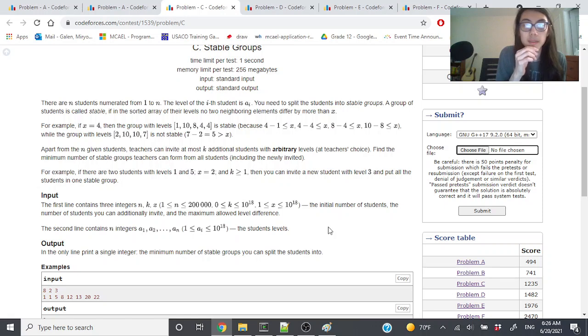No two neighboring elements differ by more than x. Now from the sorted array.